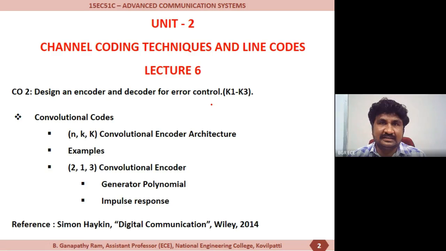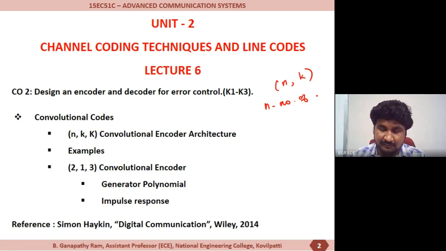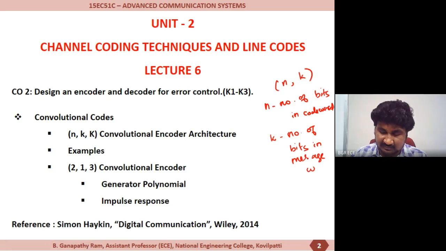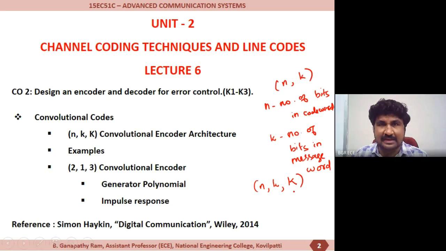In the previous cases, in block codes, we only described the codes with two different parameters. One is n and another one is k, where n is the number of bits in the code word and k is the number of bits in the message word. And in convolutional codes, we are going to determine the code by the specification (n, k, K).